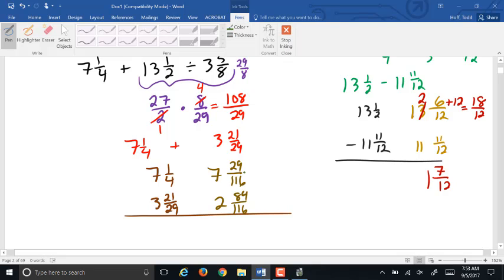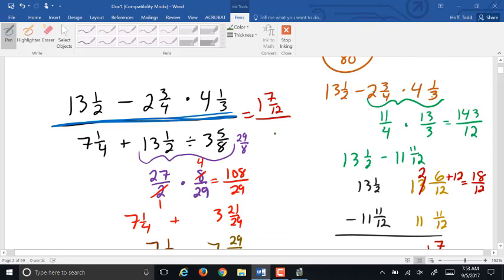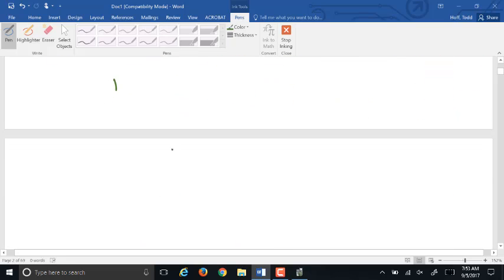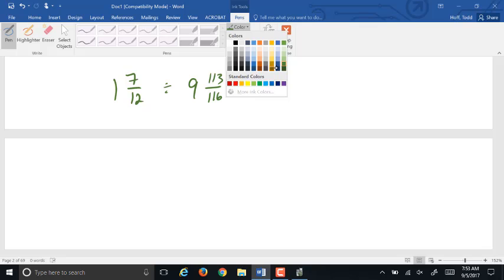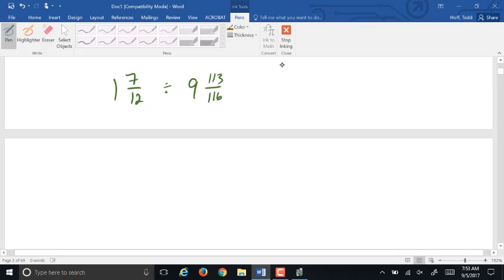We add 29 plus 84. It's 113 over 116. 7 and 2 is 9. So 9 and 113 over 116. So now we've got to divide. 1 and 7 twelfths divided by 9 and 113 over 116. This is what you get when you don't plan your problems out beforehand.